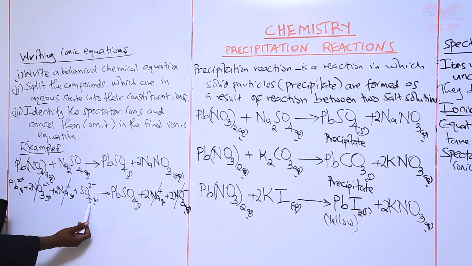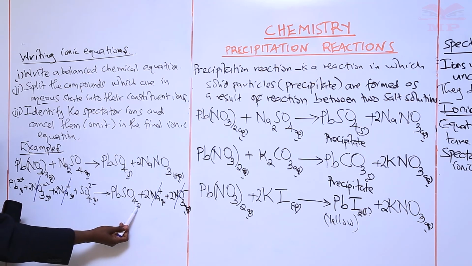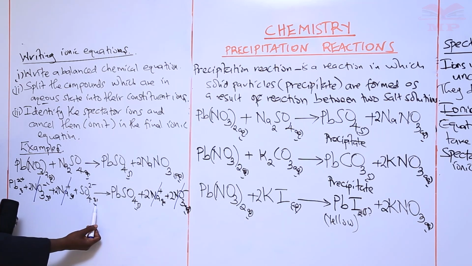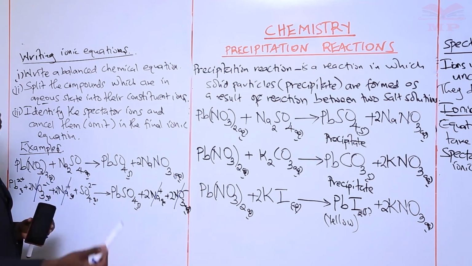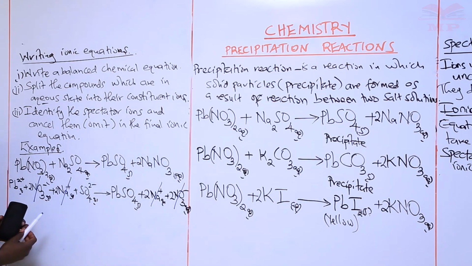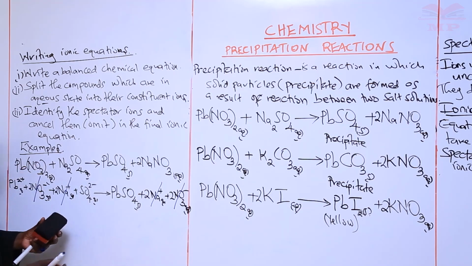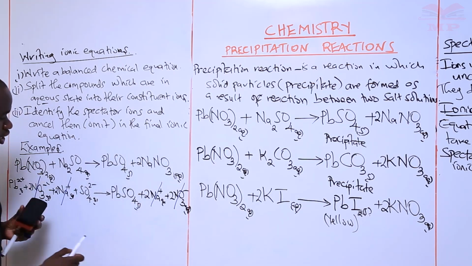At the start, aqueous, but here it is solid. That means the sulfate ions have undergone a change from aqueous to solid. Therefore, those ones will not be cancelled. They are not spectator ions. After identifying the spectator ions and then cancelling them, you now write the ionic equation, omitting the ions you have cancelled.